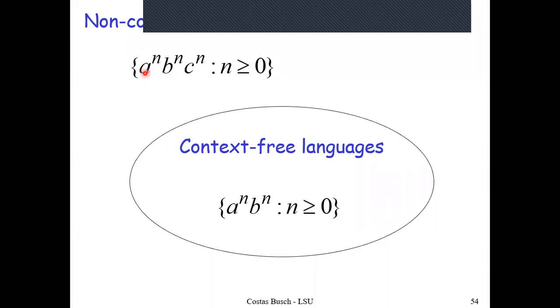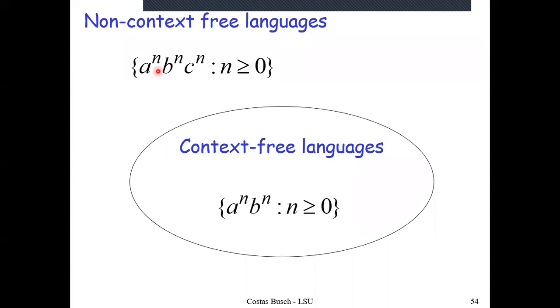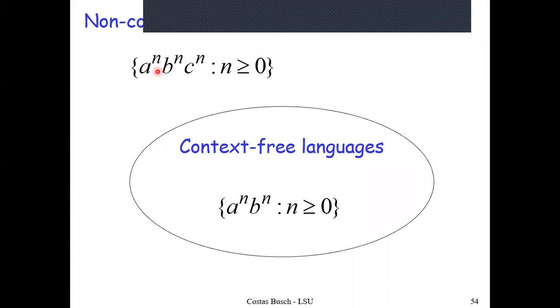Once the number of A's and the number of B's are equal, the machine would have no storage of A's available with it, and all of the B's on the input tape would have been exhausted. Only C's are left. Now the PDA has no mechanism of verifying that the number of C's on the input tape was indeed the same as the number of A's or B's. So that is the intuitive reasoning that this language cannot be context free.